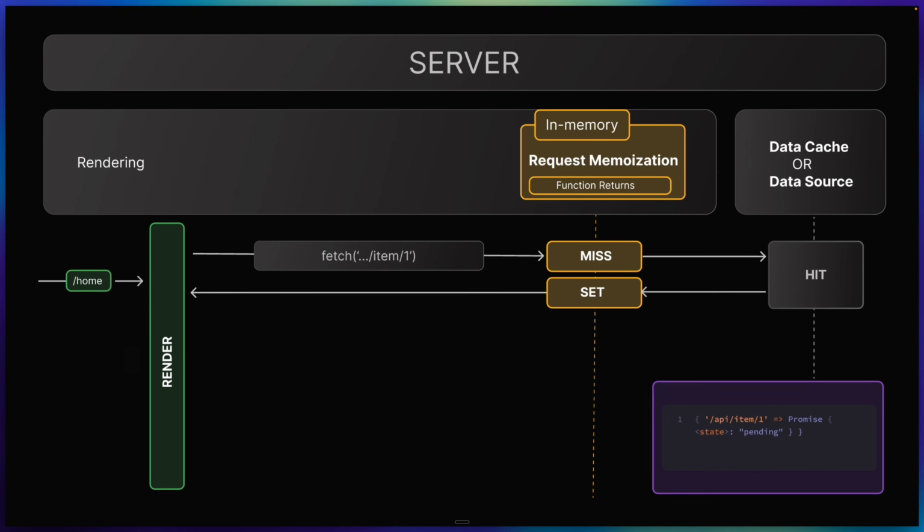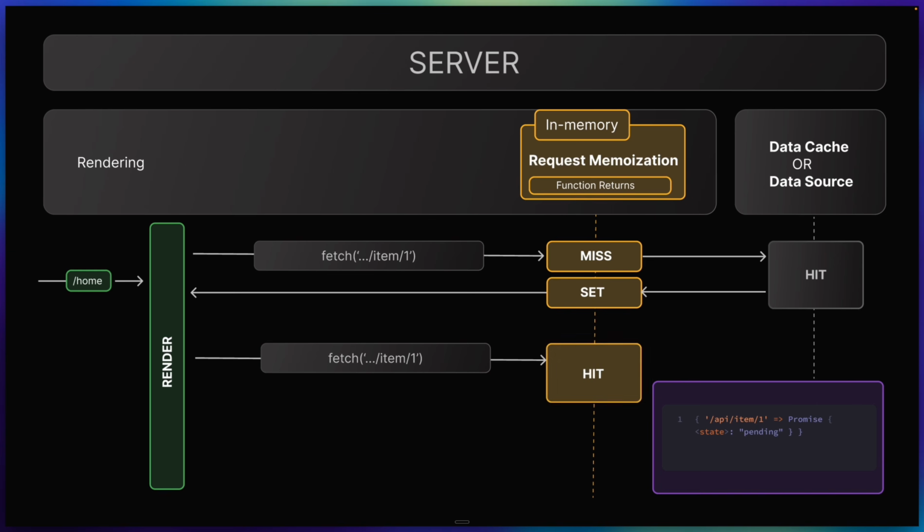Now let's say there's another fetch call to the same URL that happens during the same render cycle. This time the server checks the memoization layer and finds a hit, so it reuses that promise instead of firing a new request. That's what you are seeing at the bottom right of the screen. Next.js is essentially saying, oh, I've already seen this request before, let me just reuse what I've got instead of doing it again.